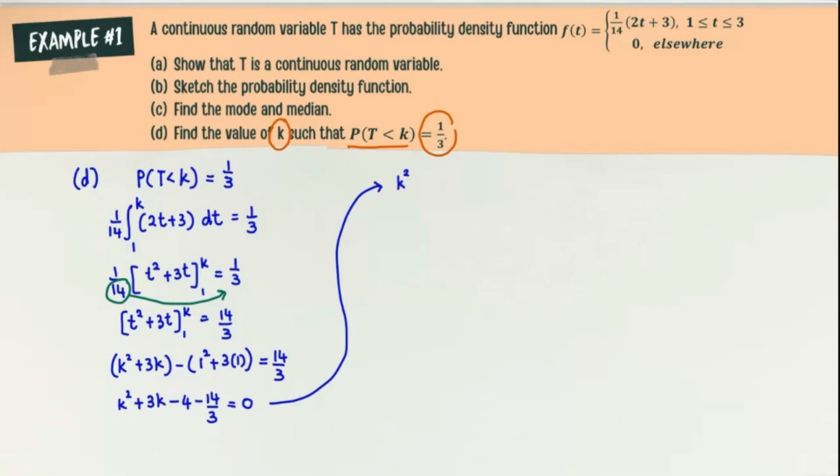K squared plus 3k. So negative 4 minus 14 over 3 will be negative 26 over 3 equals to 0. Okay, ataupun saya akan darabkan the whole equation here dengan 3 dahulu. So I'm going to get 3k squared plus 9k minus 26 equals to 0.